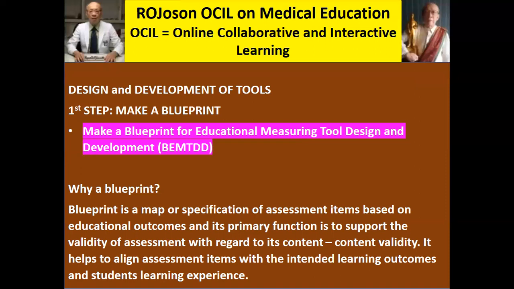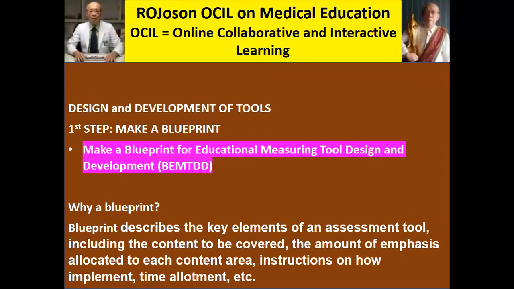That's why for content validity, it helps to align assessment items with the intended learning outcomes and student learning experience. Blueprint describes the key elements of an assessment tool, including the content to be covered, the amount of emphasis allocated to its content area, instruction on how to implement, time allotment, etc.